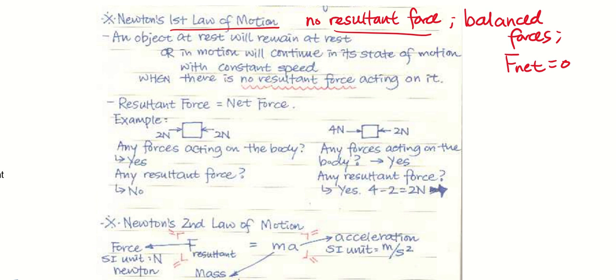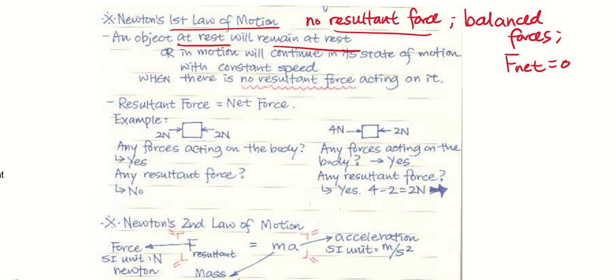If the object is at rest, and there's no resultant force, it will remain at rest. Example, I place my water bottle on the table, it will remain at rest until somebody pushes it, and that push is actually a resultant force. So this is the first case.